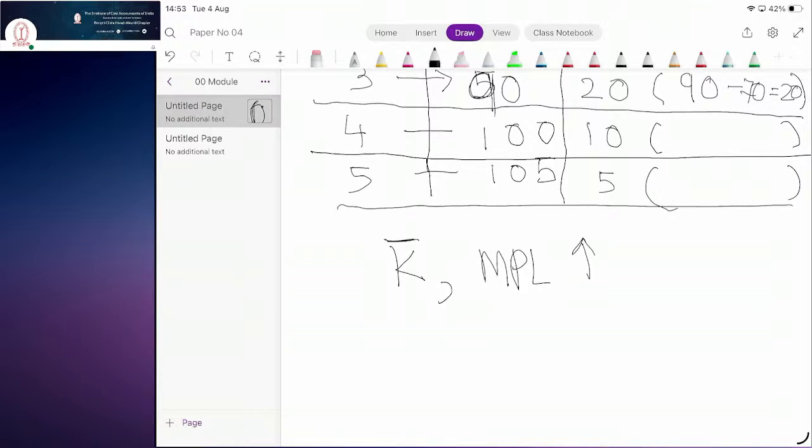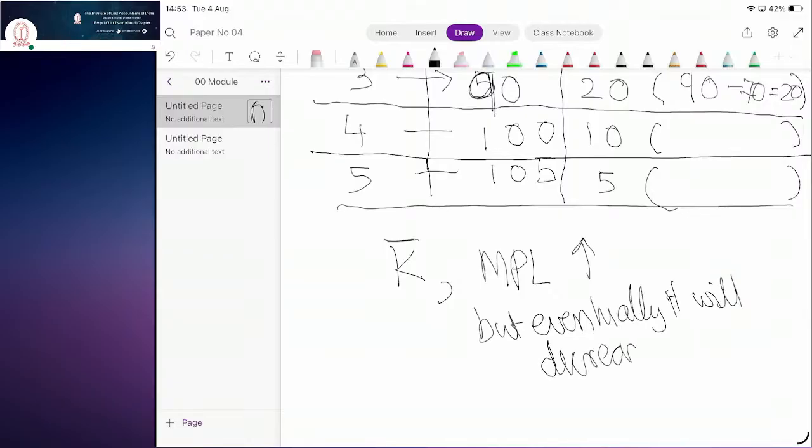That's possible, but eventually it will decrease. That is the law of variable proportions. It means any factor, if you keep on increasing it, eventually its marginal product will decrease.